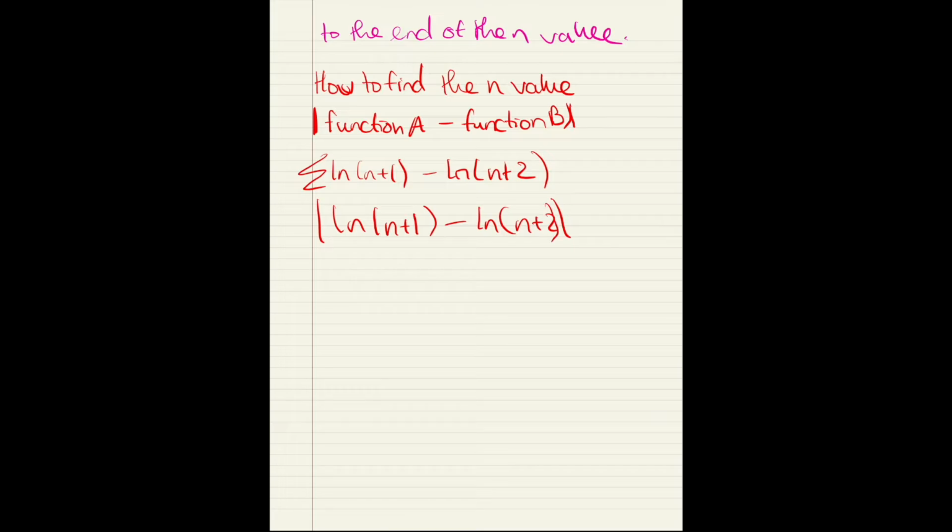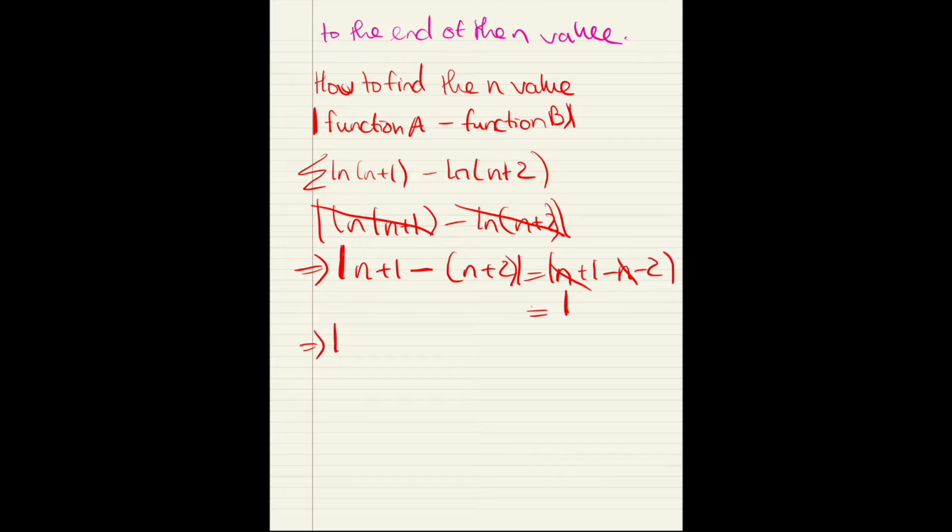You shouldn't do it like this. The way you should do it is the absolute of n plus 1 minus n plus 2, which equals n plus 1 minus n minus 2. So the absolute gives us 1, so we just have one value of difference. Times 2, so we have two terms, one at the beginning and one at the end.